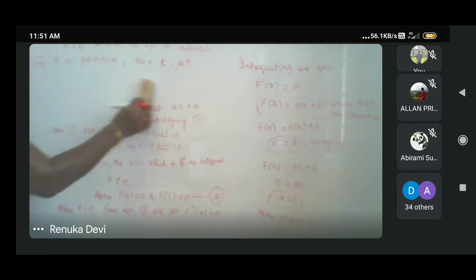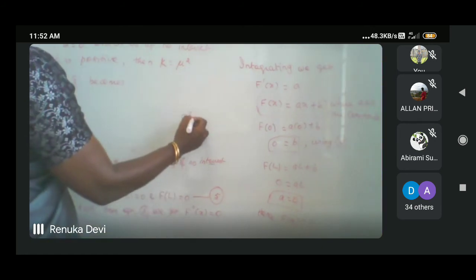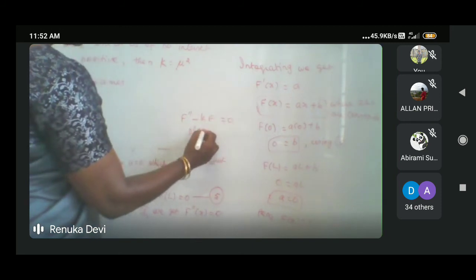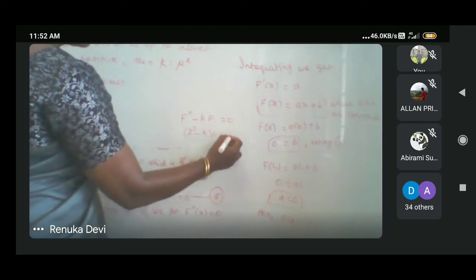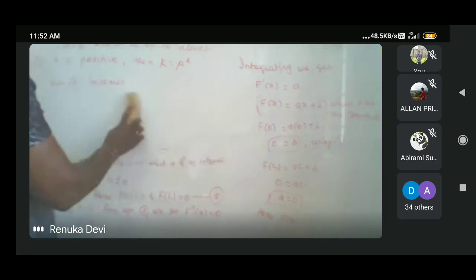Why do I take equation 3? It consists of only k alone, therefore we can easily differentiate. That is a second derivative equation. This can be written as f double dash minus k into f, that is D squared minus k into f equal to 0, like that. So we can solve the equation easily.